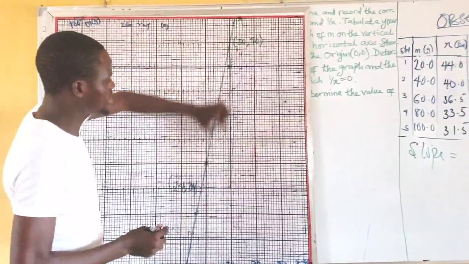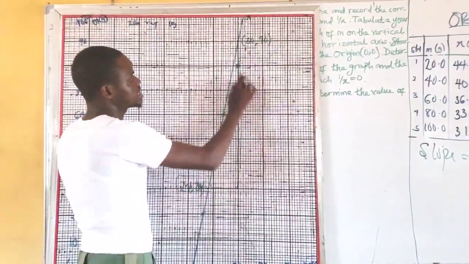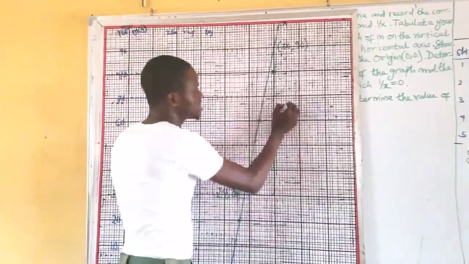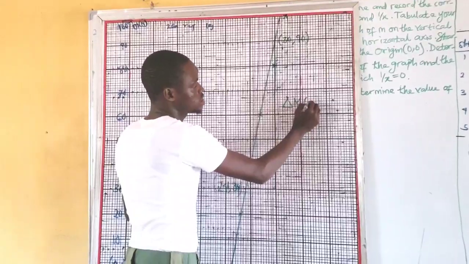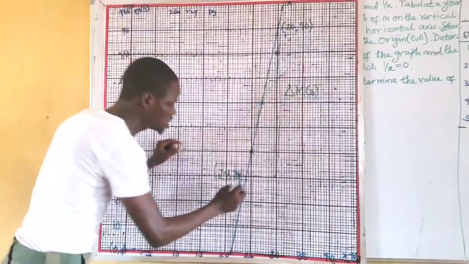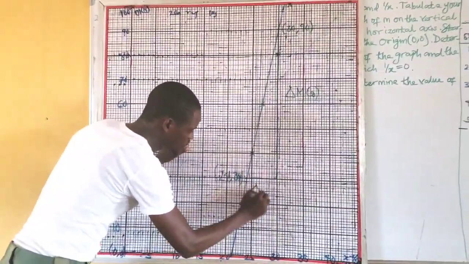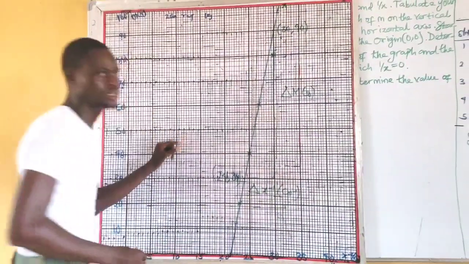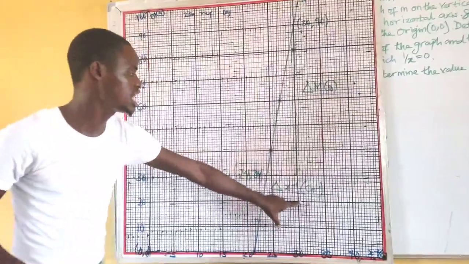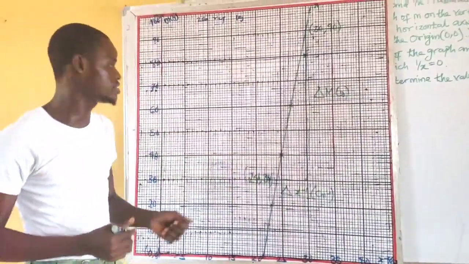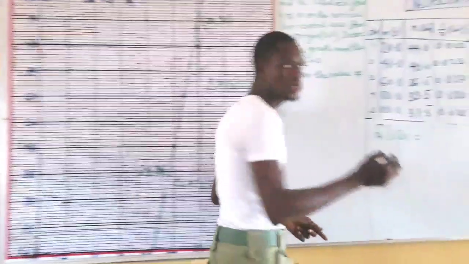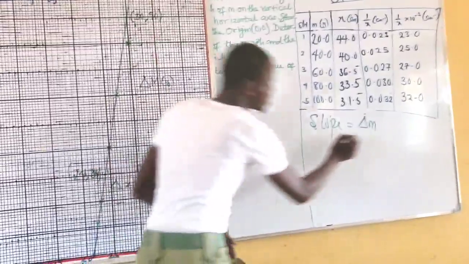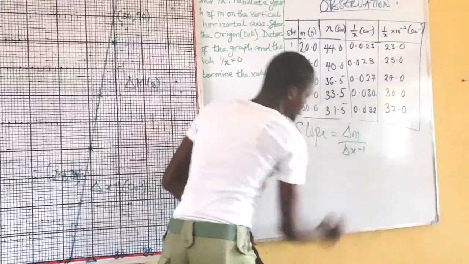If I take a look at this, this is my m, which is the change in m in gram, while this one is my change in x inverse, and the unit is centimeter inverse. Now, my slope should be equal to change in m, vertical, all over horizontal, which is change in x inverse.